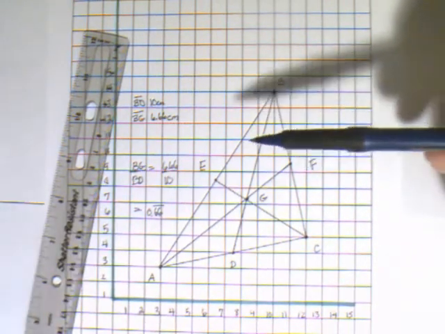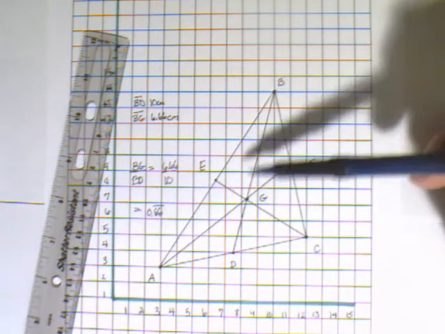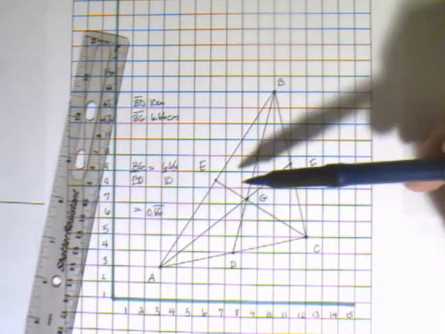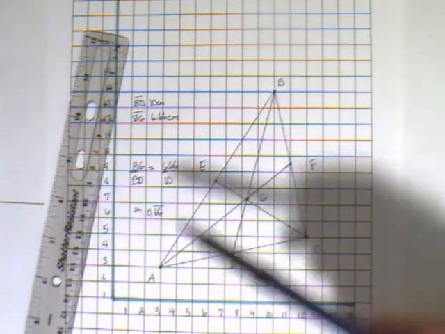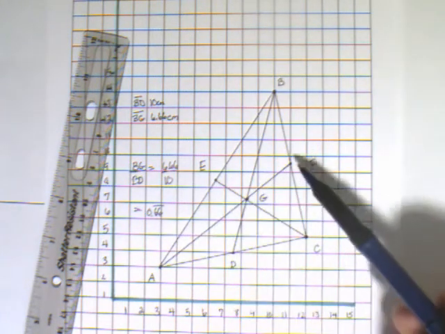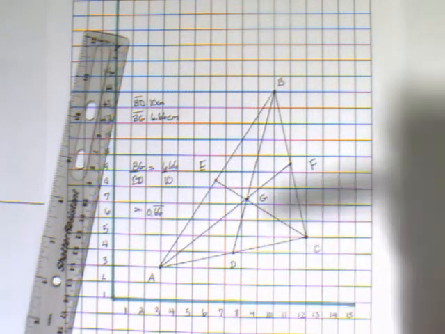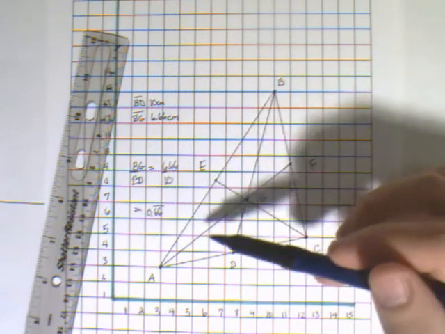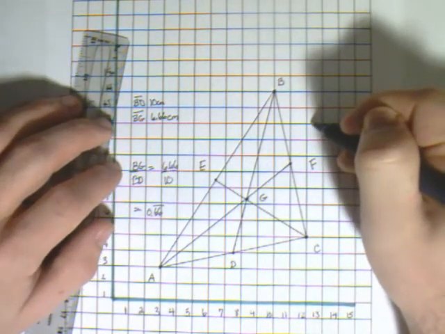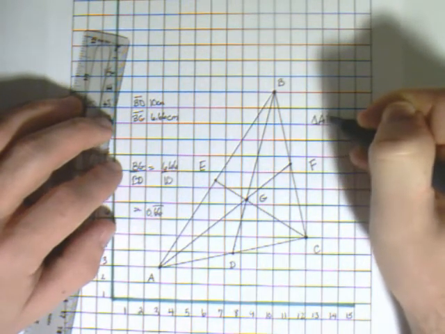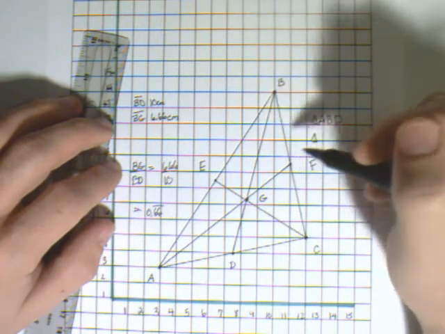So after you verify that each segment BG is 2/3 of BD, CG is 2/3 of CE, and AG is 2/3 of AF, I also want you to find the area of the triangle ABD and find the area of the triangle DBC.